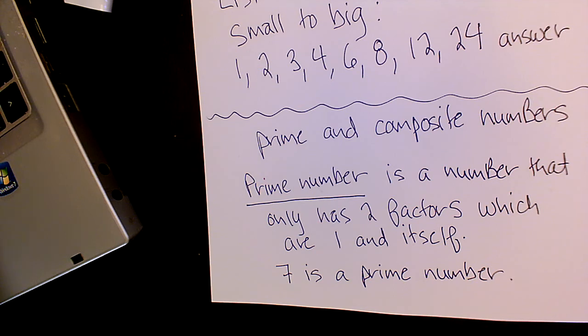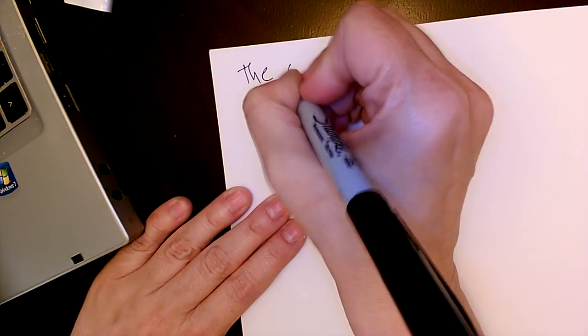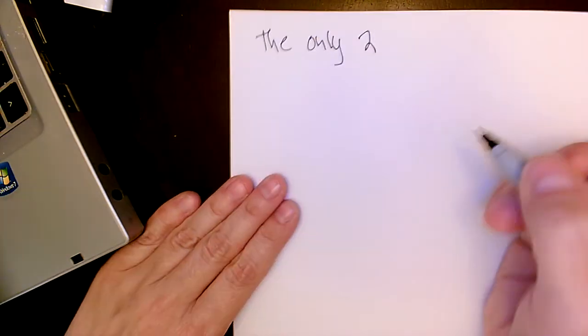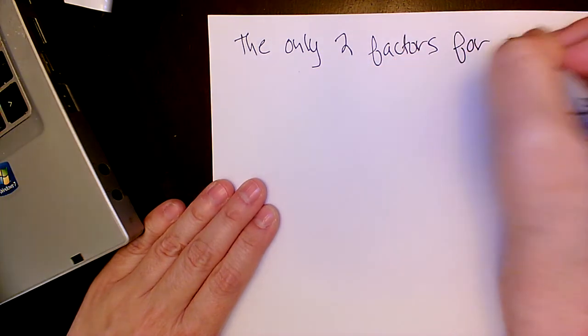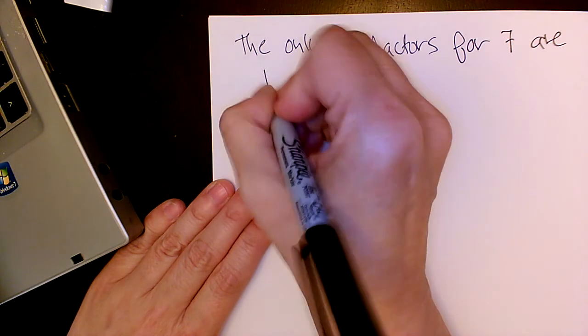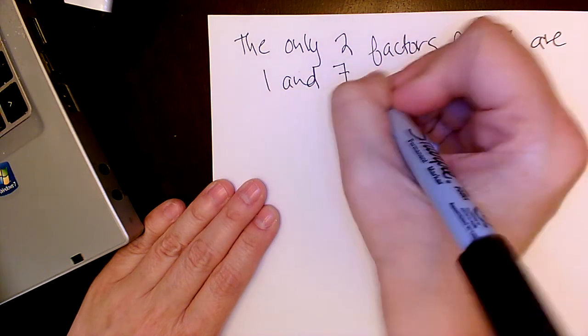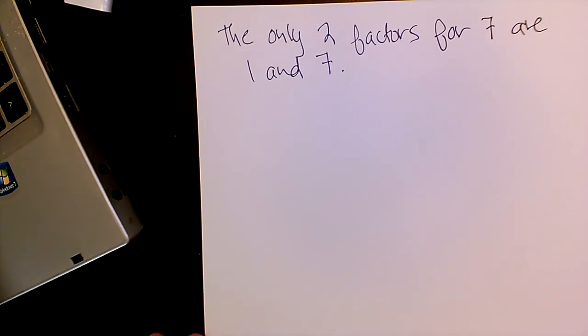No other numbers can go into 7. 2 can't go in, 3 can't go in, 4 can't go in, 5 can't go in, 6 can't go in. So the only two factors for 7 are 1 and 7. So since it only has two factors, 7 is prime.